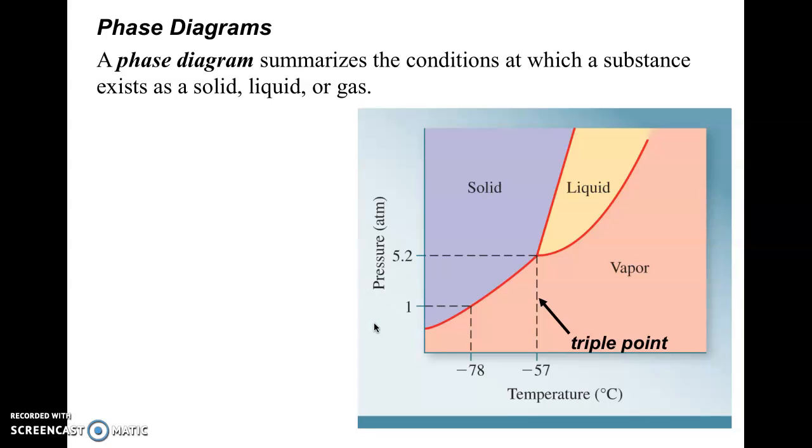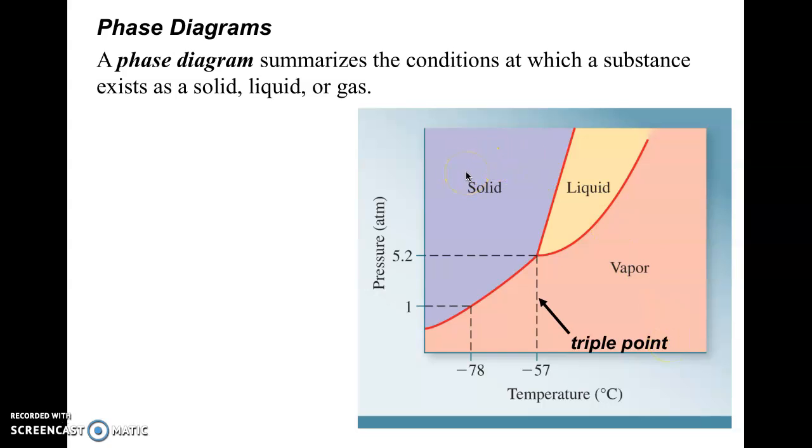All right, and this is the other topic of interest in this chapter, and this is phase diagrams. It summarizes the behavior of a substance, tells you the conditions under which it is a solid, liquid, or a gas. Some interesting points here. You have temperature across the x-axis, pressure on the y-axis. So if you're at low pressures and high temperatures, you're going to have a vapor of almost anything.